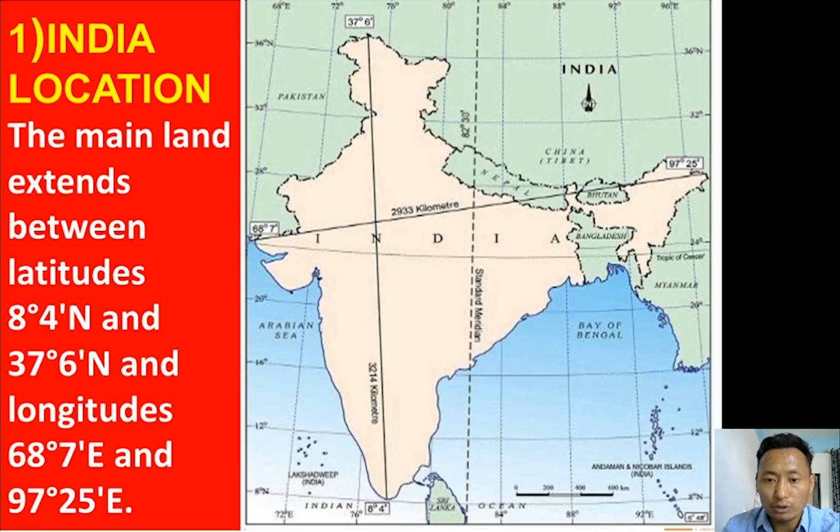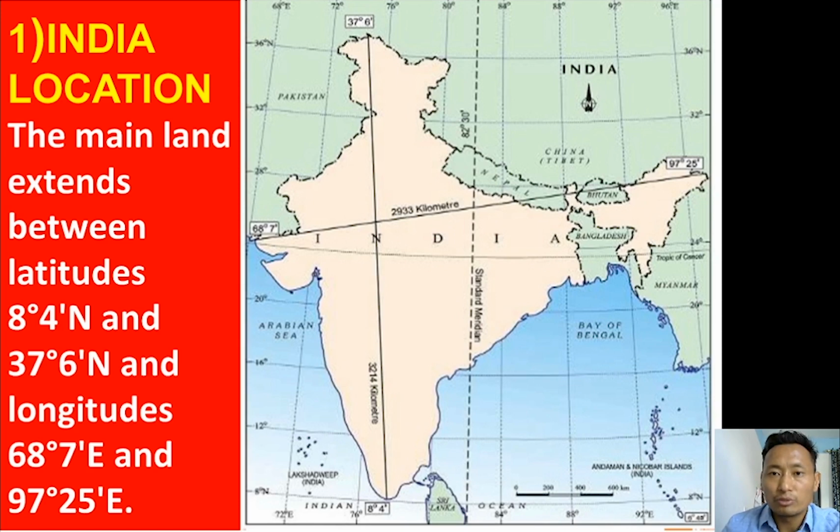Because India lies in the northern hemisphere, north of equator. And the northern limit is 37 degree 6 minute north. So India lies latitudinally between 8 degree 4 minute and 37 degree 6 minute north.